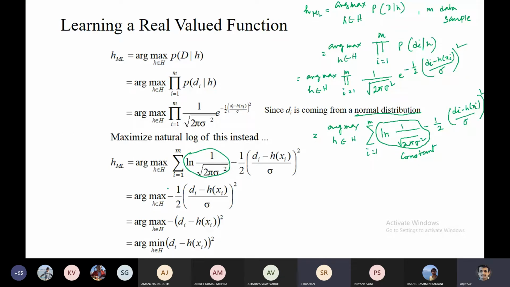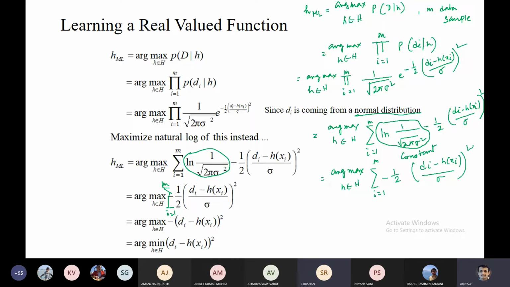So the summation i equal to 1 to m, that is what we write. So it is the argmax over h belonging to H, the summation i equal to 1 to m of minus half (di minus h of xi) by sigma square.